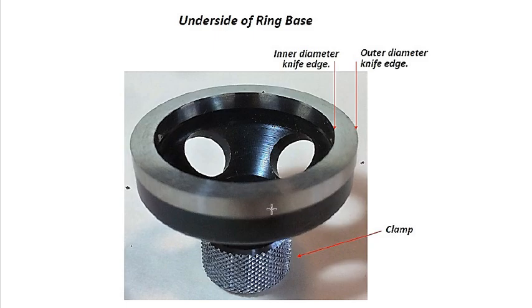Then we're going to carefully examine the base, and you have your clamp right there, where you set your dial gauge, and then your inner knife edge, and then your outer knife edge. Knife is just a term that you use; they can be sharp like a knife, but it's not that sharp, by the way. And that's the underside of your ring base.